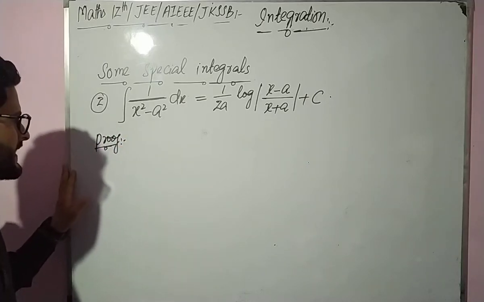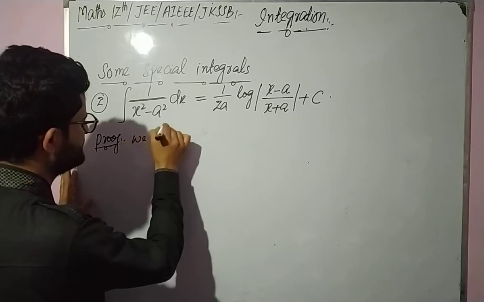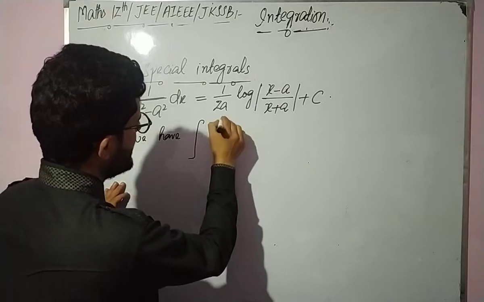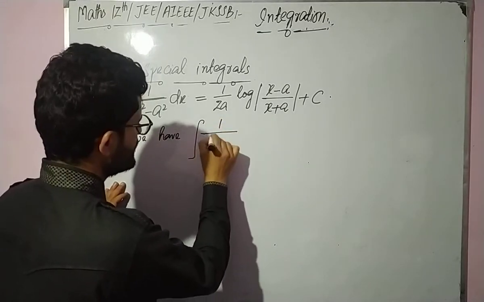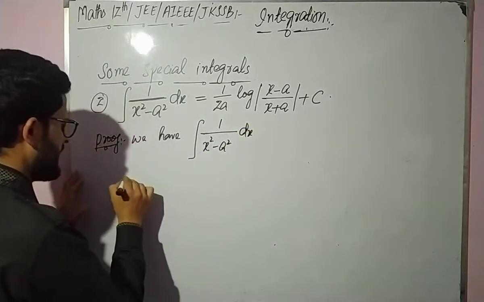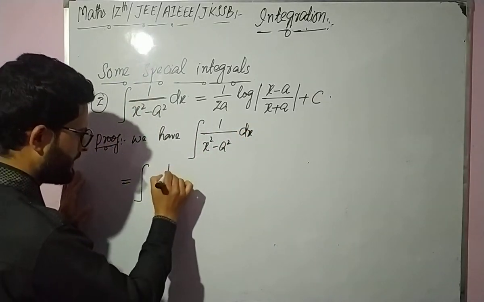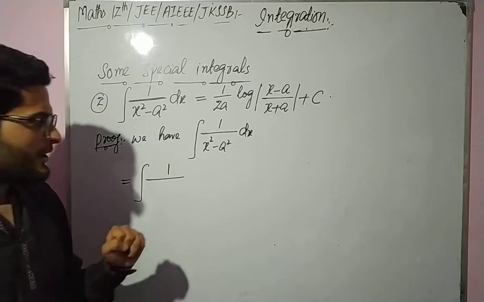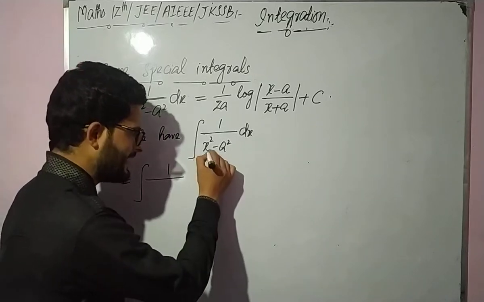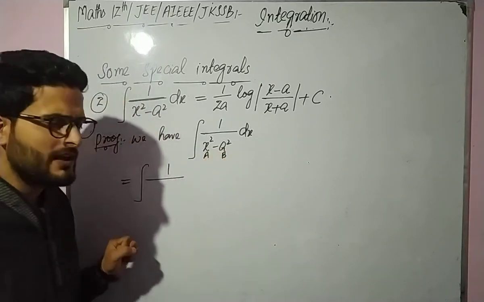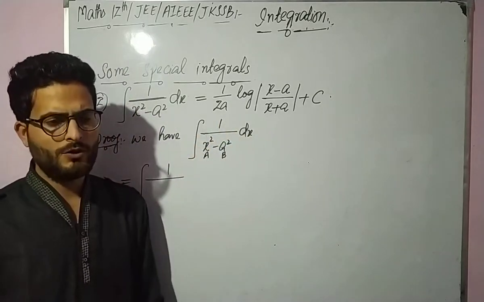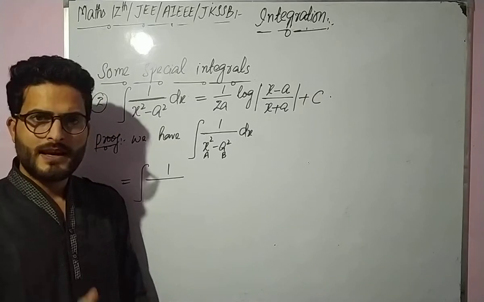Here lies the proof of this thing, and in the proof we have integration of 1 divided by x square minus a square into dx. That can be written as integration of 1 divided by, since in the denominator we have a square minus b square form, treating x as a and small a as b, it is a familiar formula.